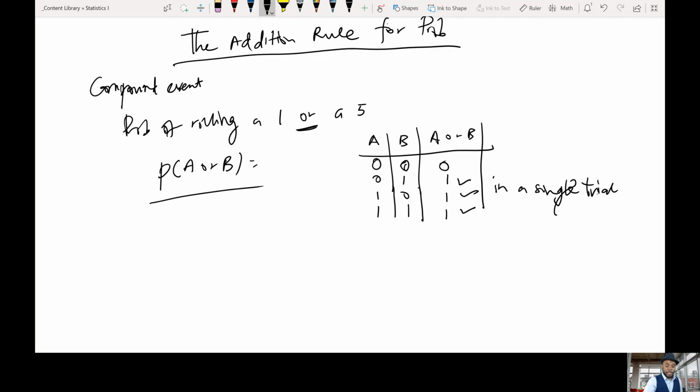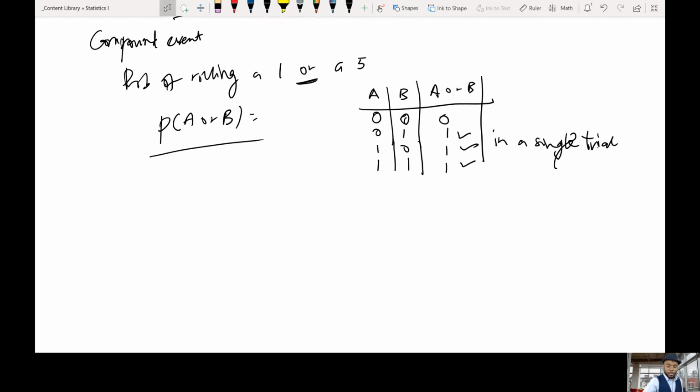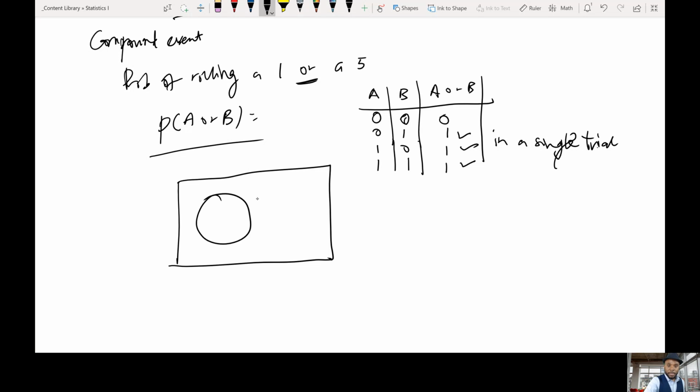Now we may look at an example to really understand this concept better. Or we may look at this through a Venn diagram. Let me draw a Venn diagram, and I have this event A and event B. The question is, what's the probability of A or B?